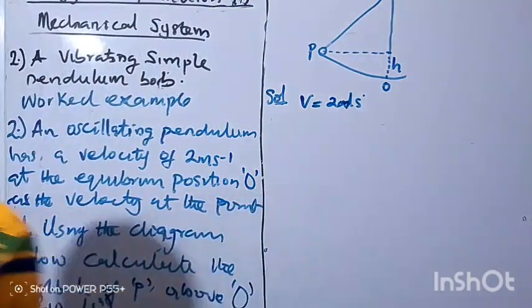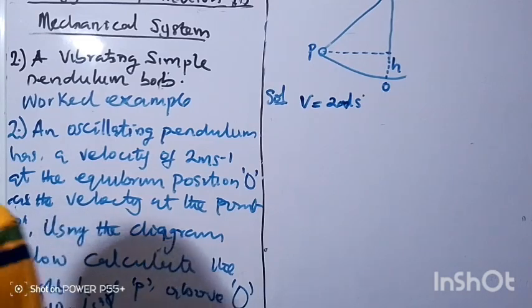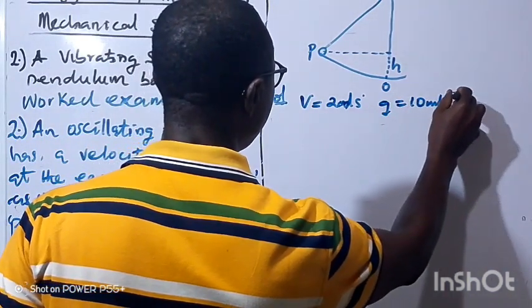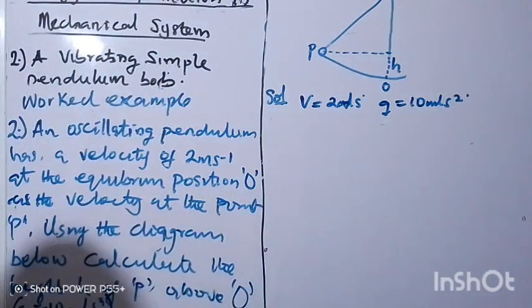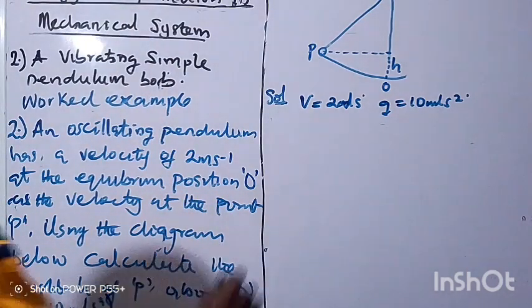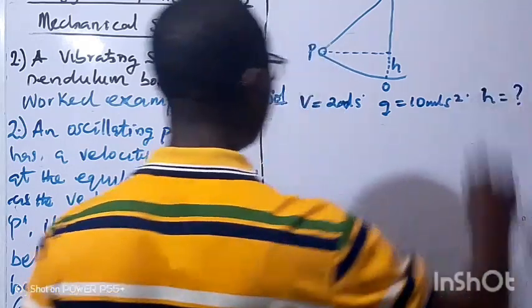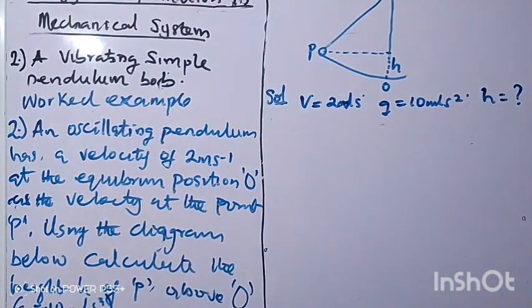Then acceleration due to gravity, G, is given as 10 meters per second square. Now the question asks us to calculate h, which is the height of the pendulum from P above O.